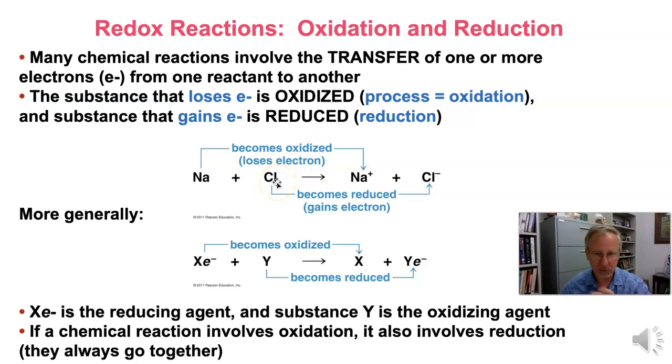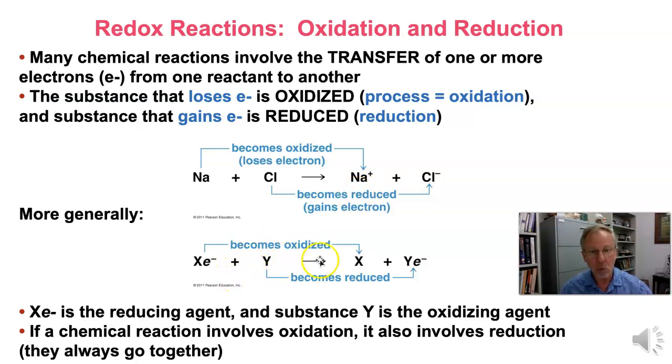You might remember this from chapter 2. And so it gains that electron that's coming from sodium, so chlorine gets reduced. And as a result, we end up with a positive sodium, because it lost an electron, and a negative chloride, because it gained an electron, all because of oxidation and reduction.